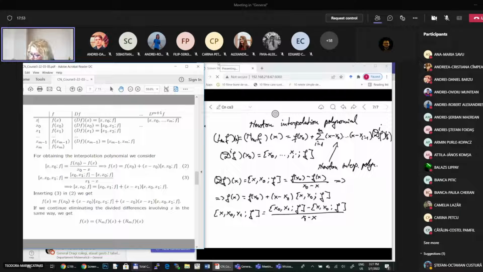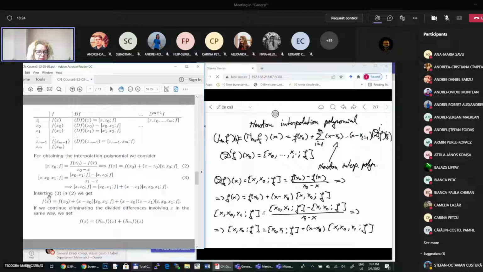From this, we will find the first order divided difference at x: [x, x0; f] will be [x0, x1; f] plus (x minus x1) times the second order [x, x0, x1; f].